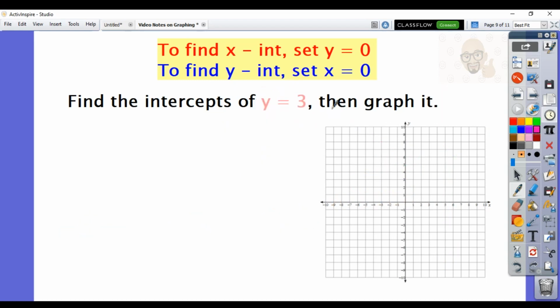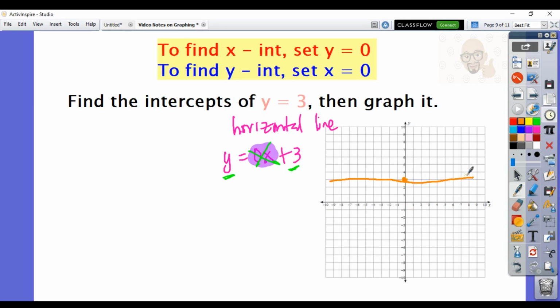Likewise, when you have y equals 3, this is a horizontal line, because y equals 3 is y equals 0x plus 3, wherein our slope here is 0. So therefore, 0x can be eliminated, and it becomes y equals 3. And y equals 3 is right here. We just draw a horizontal line.